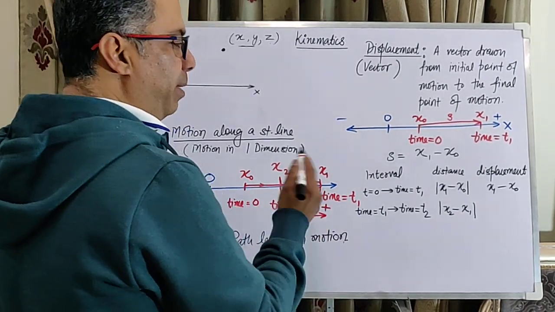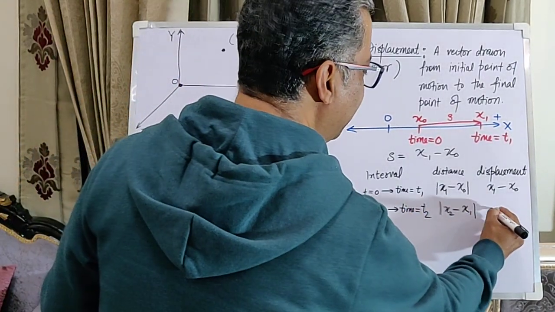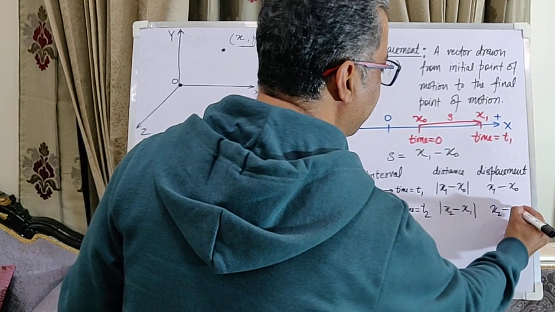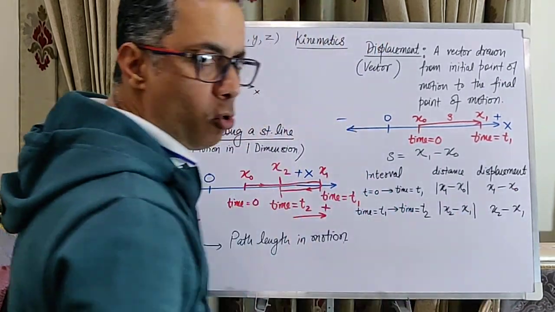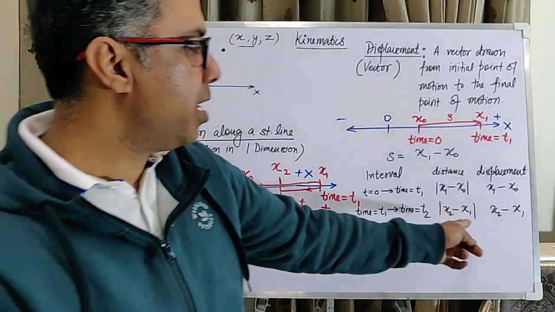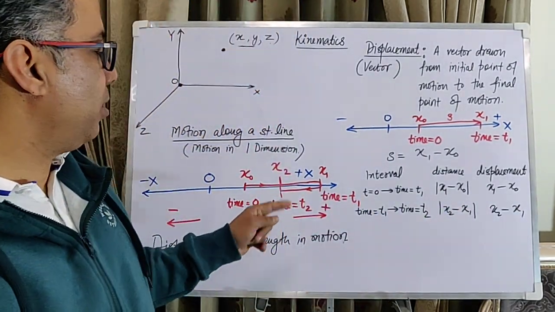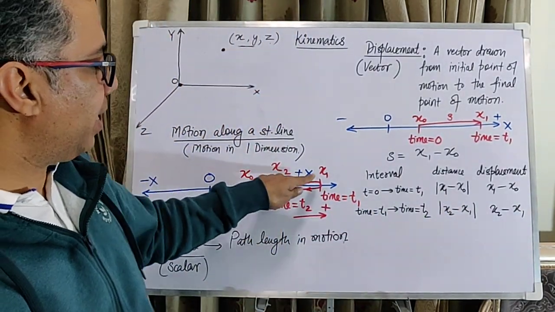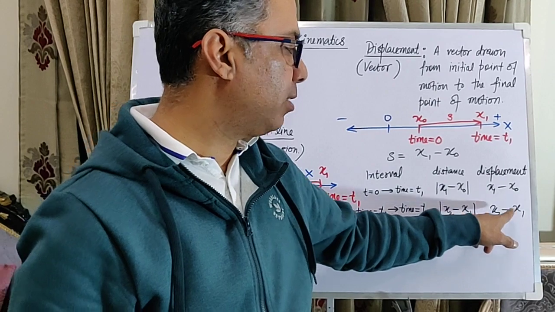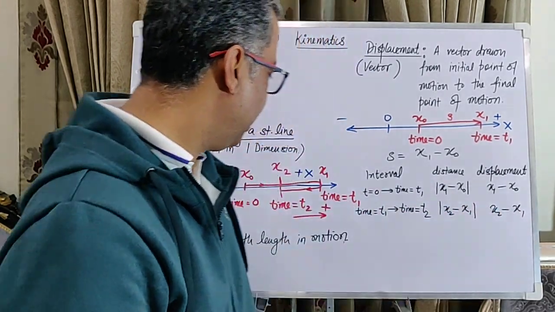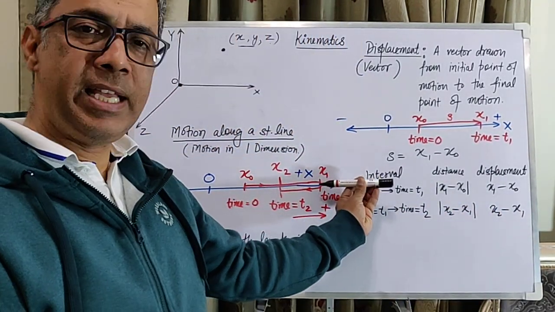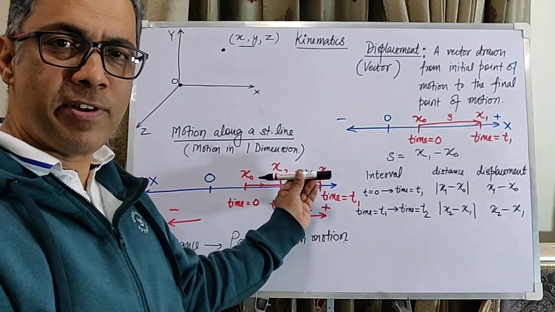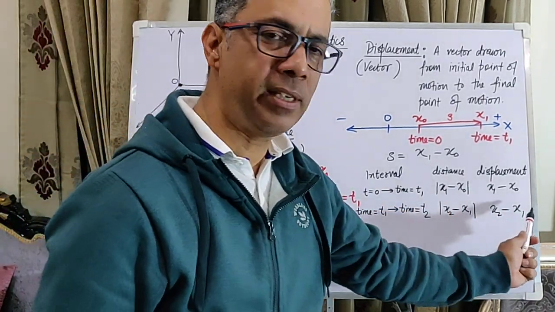Now during the same interval, the displacement will be the final coordinate minus the initial coordinate, and as you notice, the final coordinate x2 is less than x1, and therefore x2 minus x1 is negative. The displacement is in the negative direction of the x-axis, and therefore it is negative.